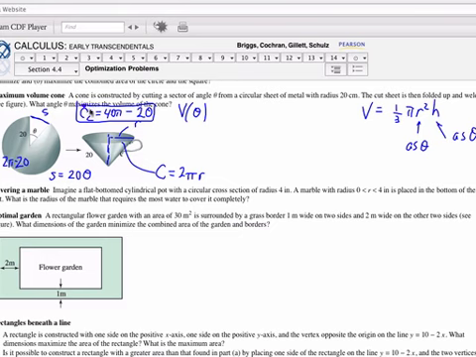And from that we can, so that is the circumference of the cone, and we can back solve for r by dividing by 2 pi. So r is going to be the circumference of the cone all over 2 pi. So we got our r, now we just need our h.